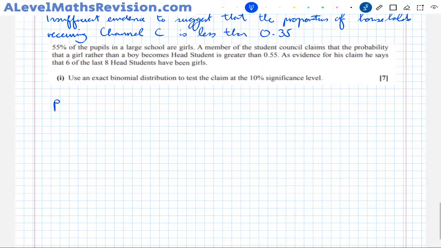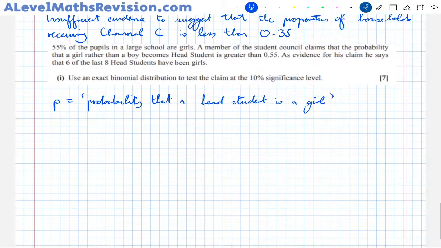First thing, get a mark for defining in words what P is. So P is the probability that a head student is a girl.